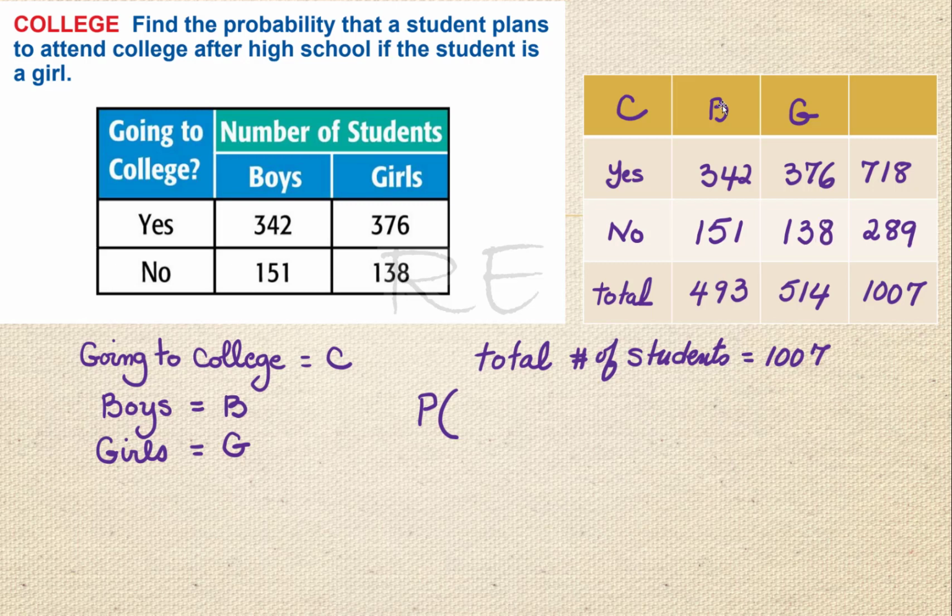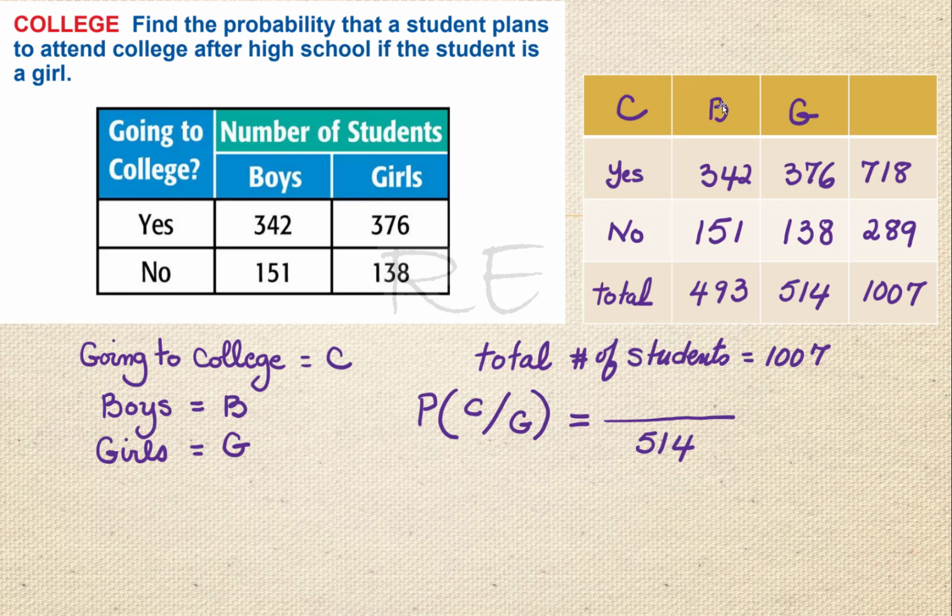Now the probability that a student attends college, so it's C, given that the student is a girl. G will be the total number of girls, which is 514.